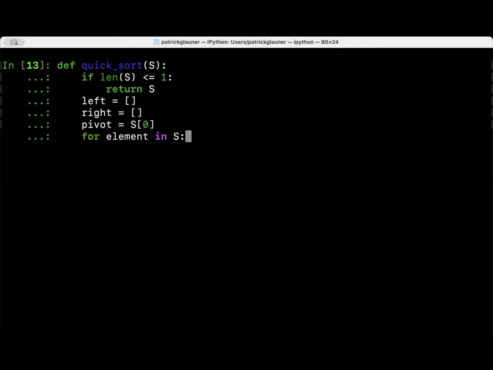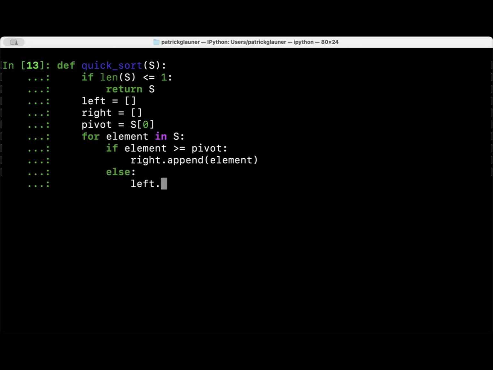So I go through my elements in S, and if my element is greater than or equal to the pivot, because there may be duplicate elements, then I append the element to right. Otherwise, I append the element to the left.